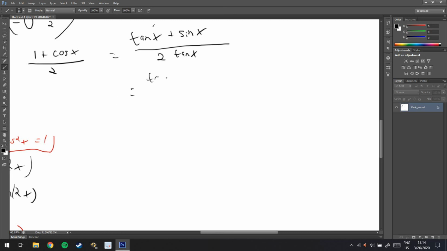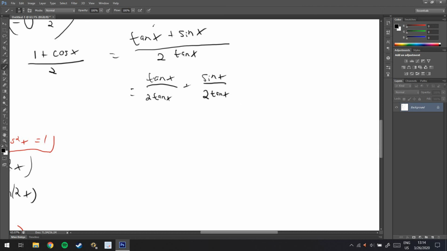So this is equal to tan of x over 2 tan of x plus sine of x over 2 tan of x. I'll leave that for now.